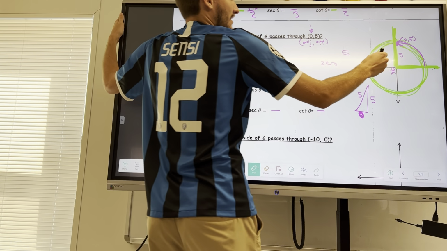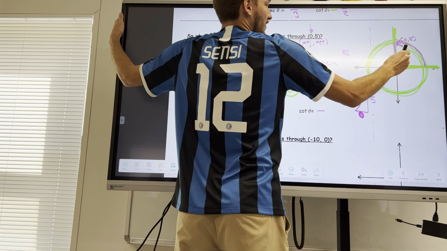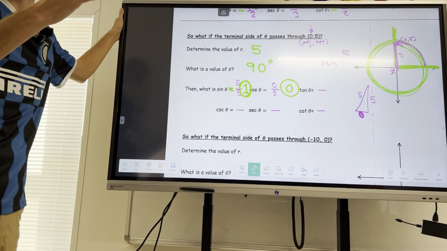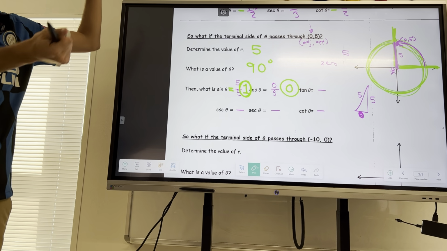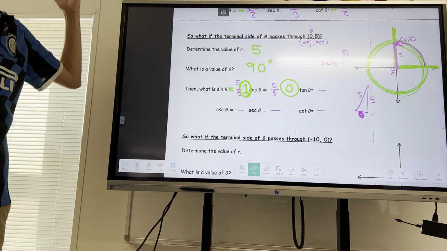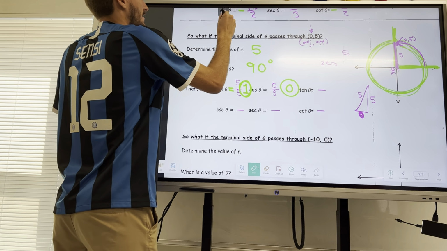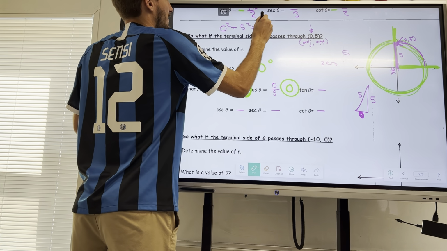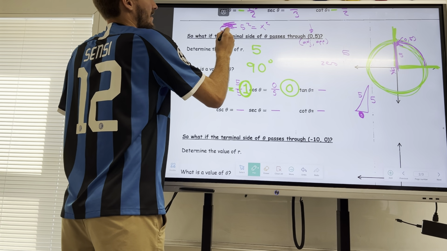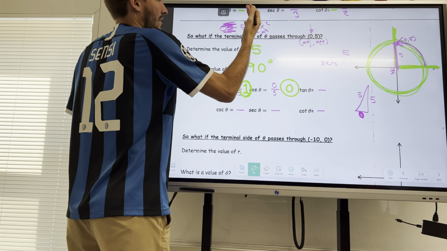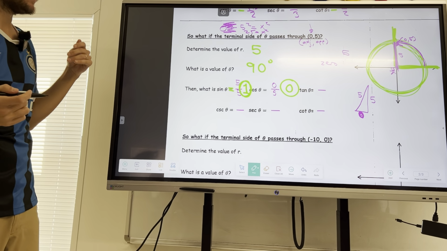That means it's a line that goes straight up and down. And what is the hypotenuse? What is the radius of that? What is the length of that line? It would basically be 0 squared plus 5 squared equals x squared. 0 squared is 0. 25 equals x squared. Square root of 25 is 5. So you would get 5.